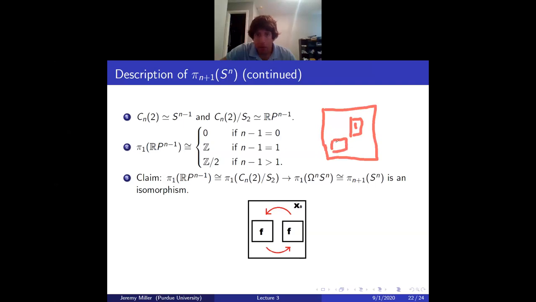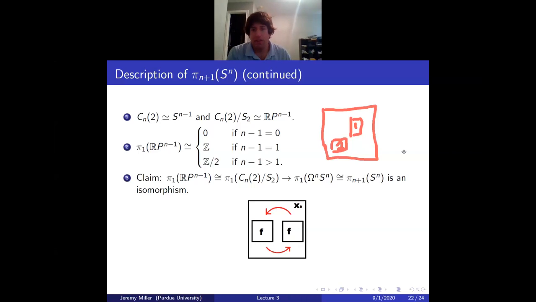Okay, so let's take n as 2. Why is this homotopy equivalent to an S1? Well, up to homotopy, you can make the cubes really small and then put the cube labeled by 2 in the middle, and then the S1 is just the cube labeled by 1 going around the cube labeled by 2.